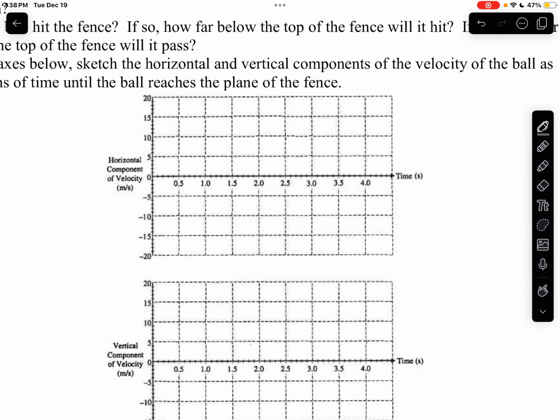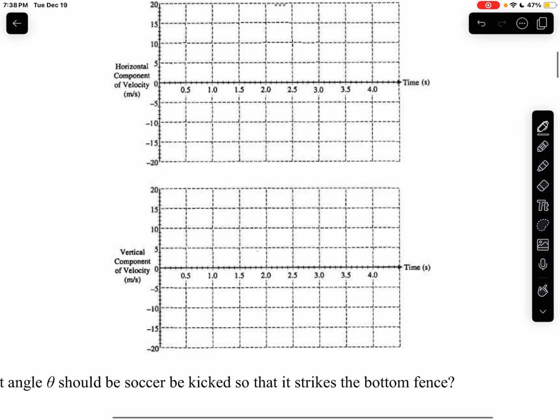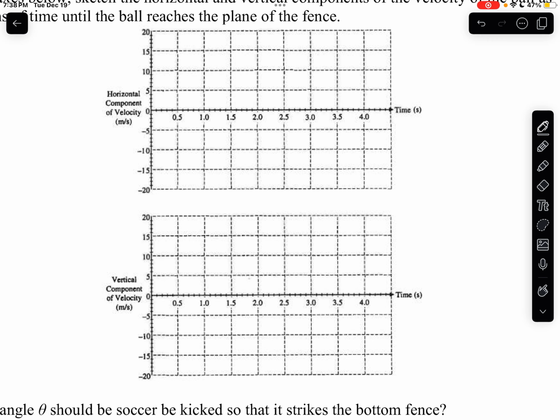Okay, so for the horizontal component of velocity, I know it's going to stay the same because after the kick, there's no force acting on it in the x, so there's no acceleration, but there is a force acting on the y. That's why the Vy changes, but the Vx stays the same because there's no other force acting on it, but Vy has the force of gravity acting on it, which is why Vy changes, but Vx stays the same.